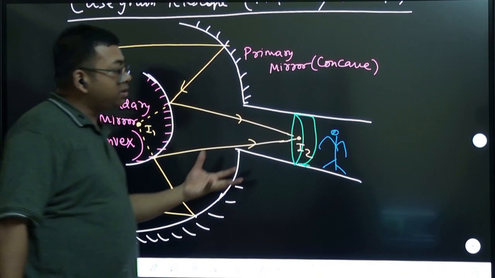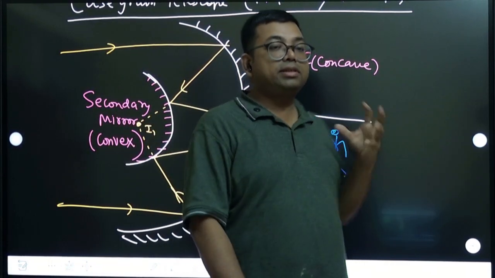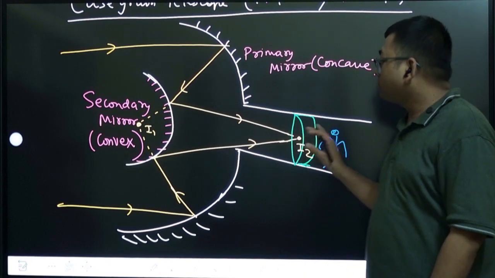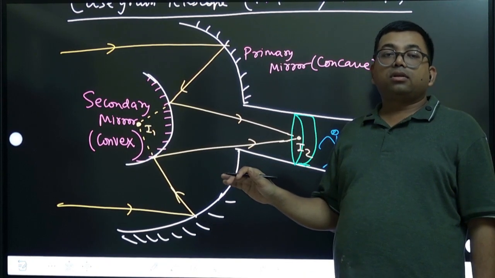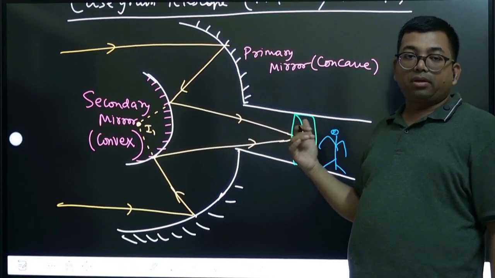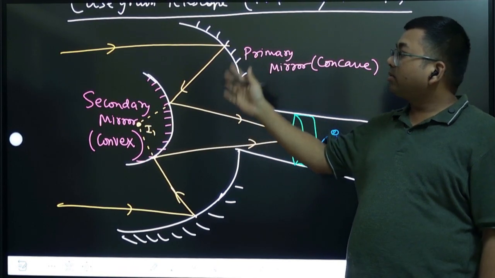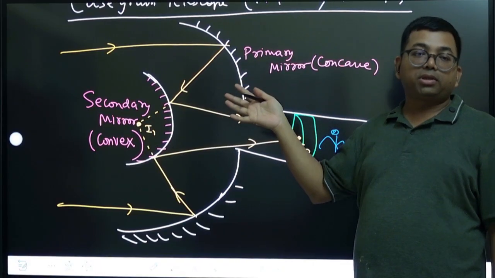But the problem is that the observer has to sit in this limited space, and because of that, not so many rays come. Rays also get blocked in between because of the mirrors.